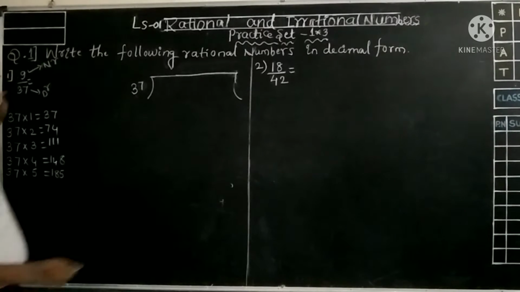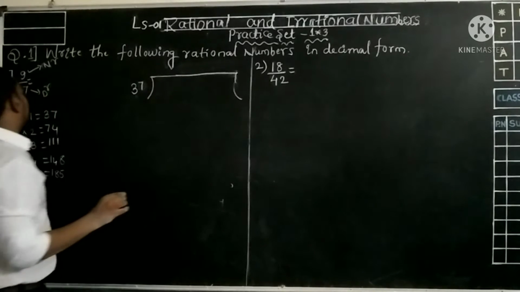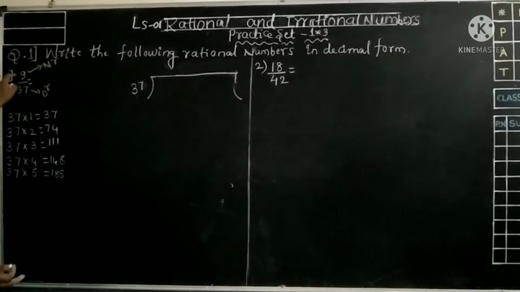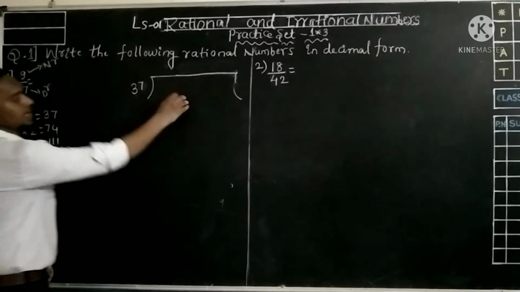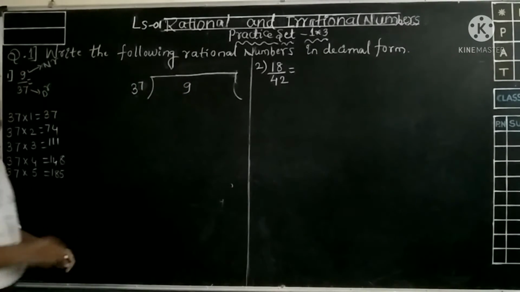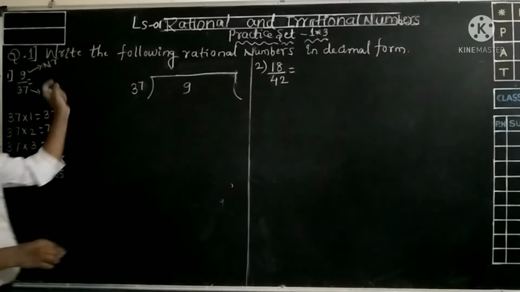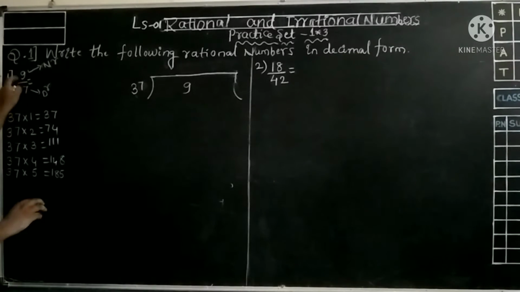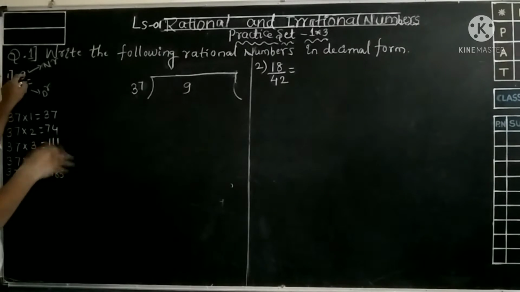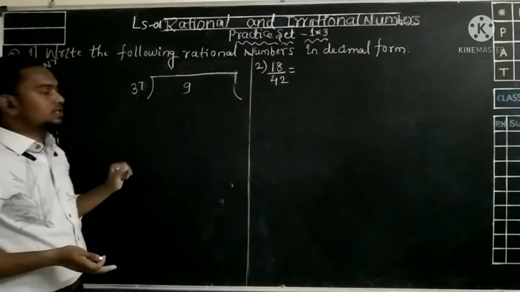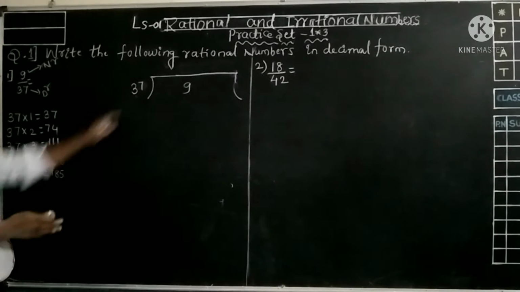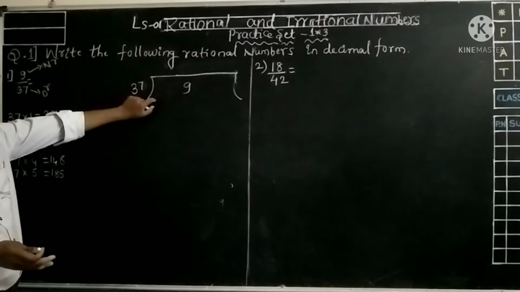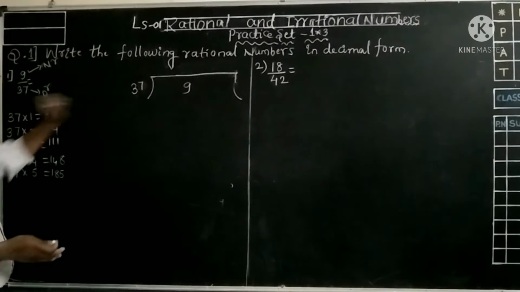Here 9 is divided by 37. Now we will write 9, the numerator, inside the sign of division, and 37 outside the symbol of division.